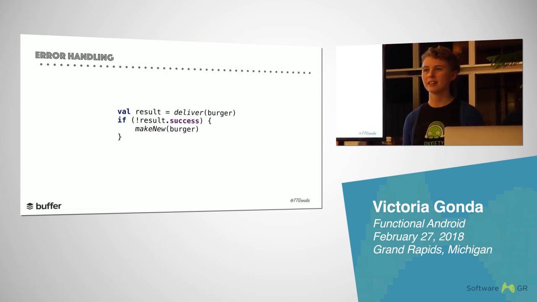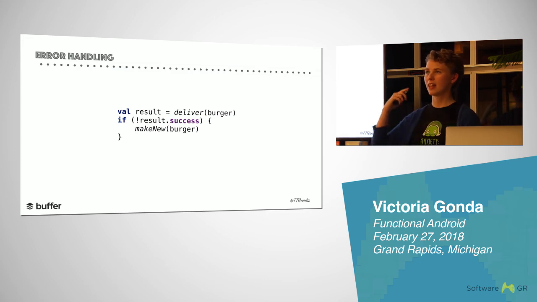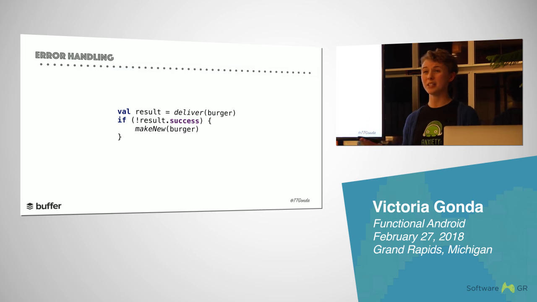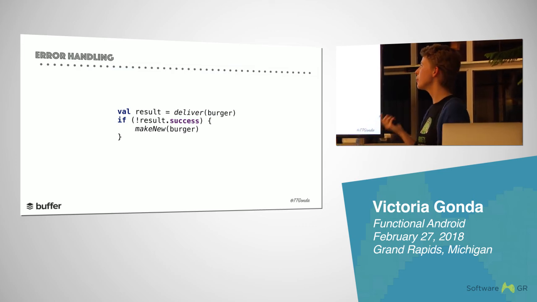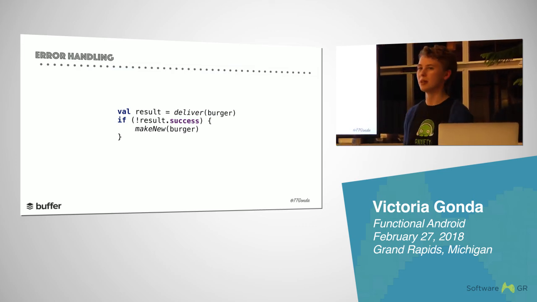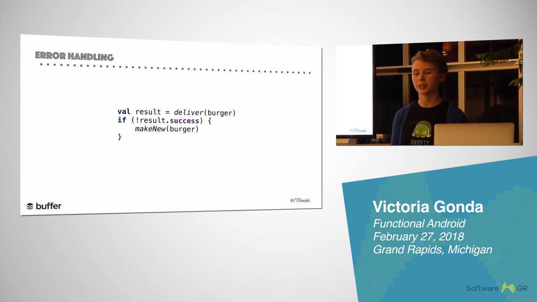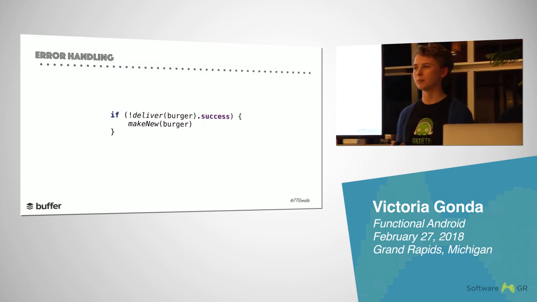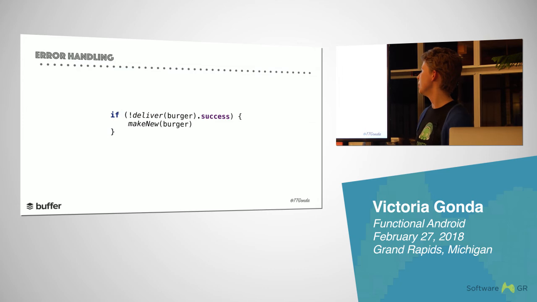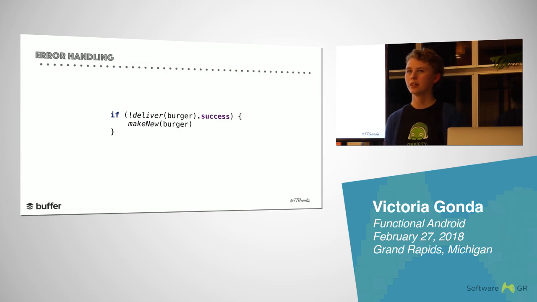This might be the case if you've ever had something throw something, you don't really care if error or not, so then you just have an empty catch block. Then here we can just omit that if statement and not care. Just to show we can also inline this, if it was not a success, make a new burger.